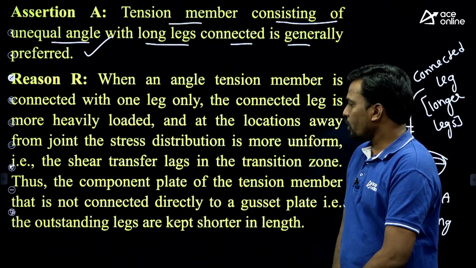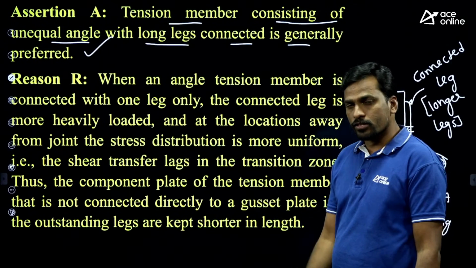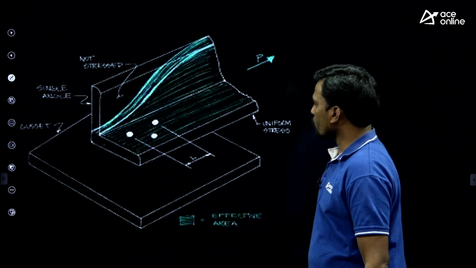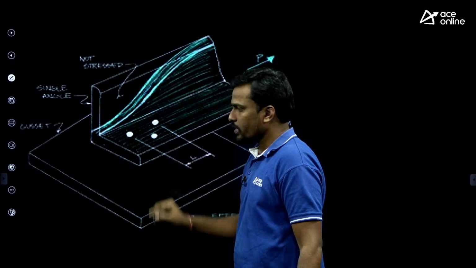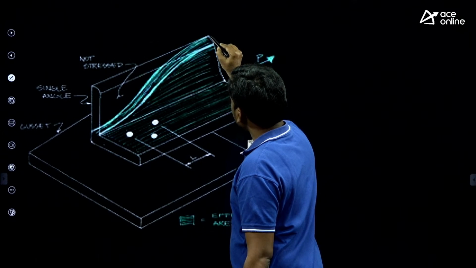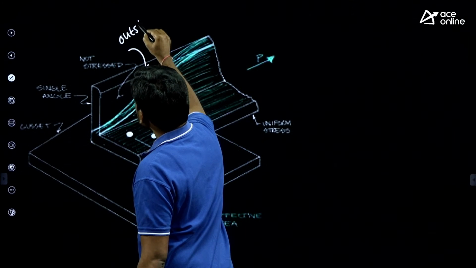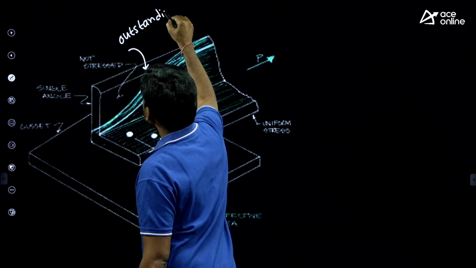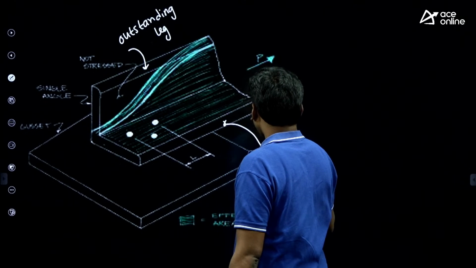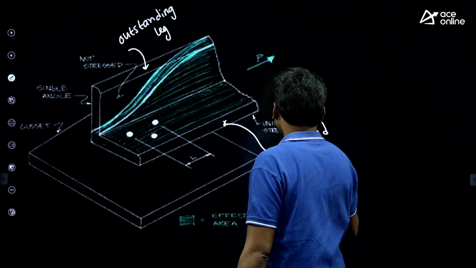Now, why are longer legs the connected legs? Why not the shorter leg? I already told you. If you see this diagram, this is the stress distribution, right? Here the applied load is taken by this, so this is the outstanding leg and this is the connected leg.